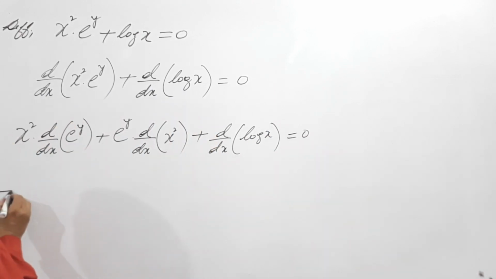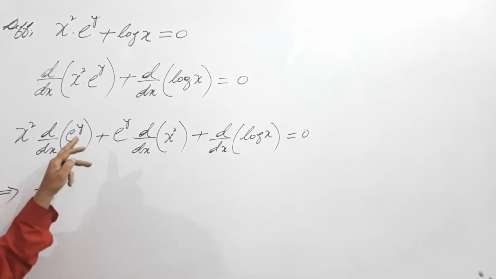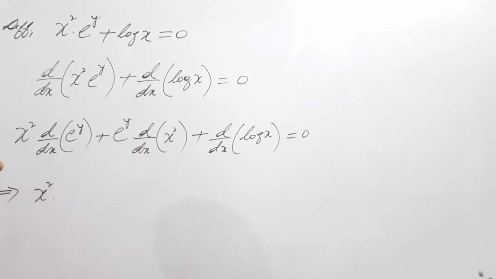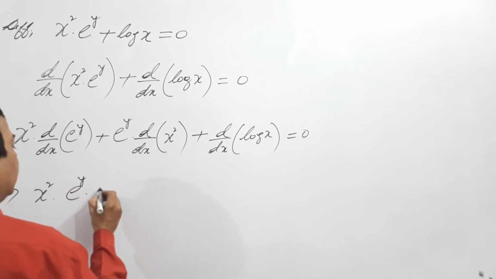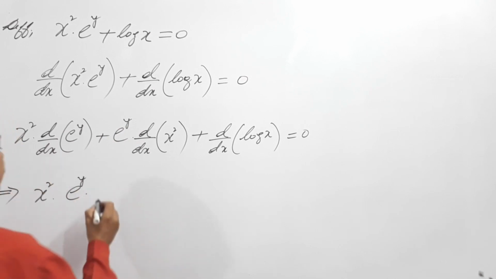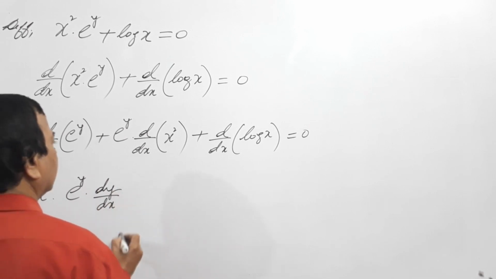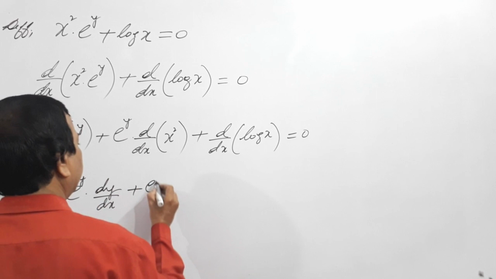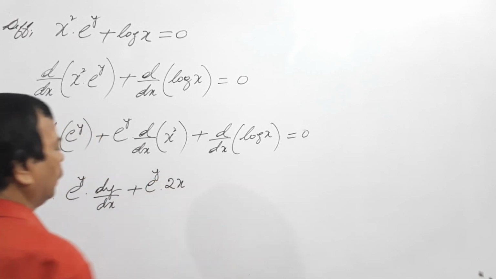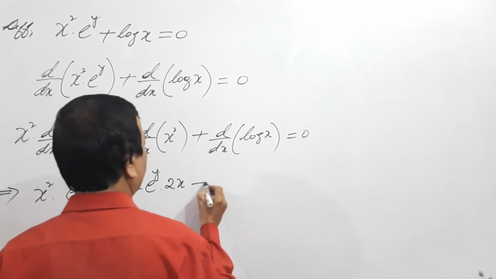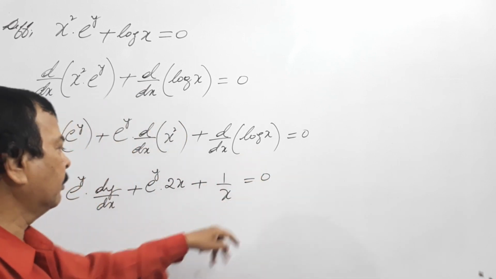So this becomes x square, and d by dx of e to the power of y is e to the power of y into dy by dx, plus e to the power of y into 2x, plus 1 by x equals 0, since d by dx of log x is 1 by x.